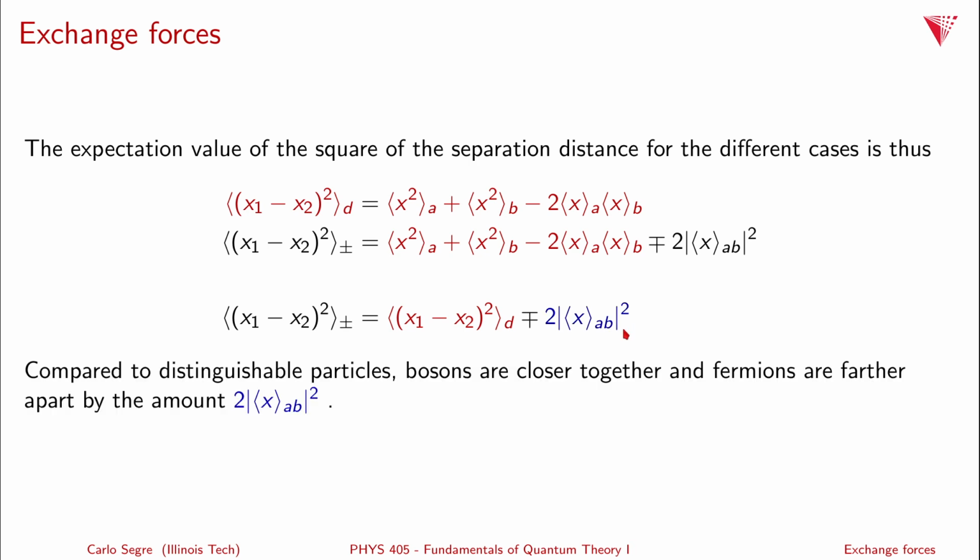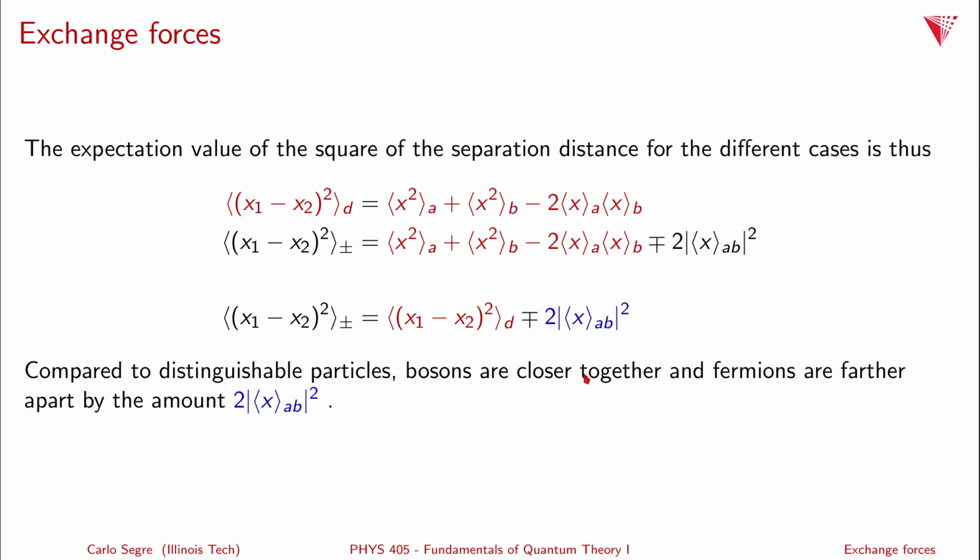So compared to distinguishable particles, the bosons, which are the top sign, that is minus 2 times this modulus squared, are closer together. And fermions, which are the bottom one, are further apart.